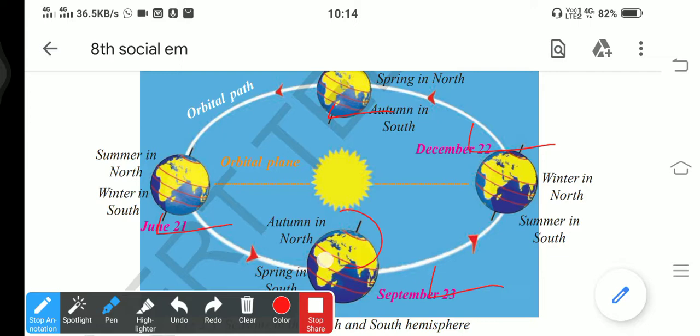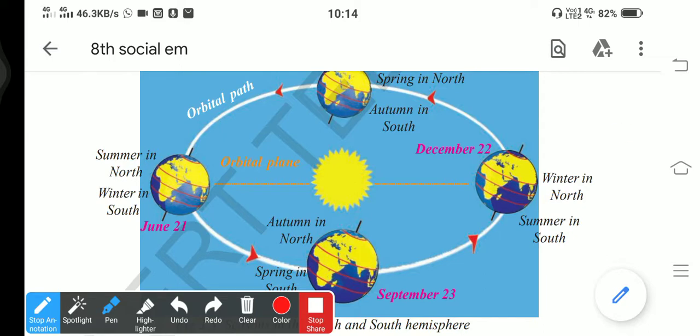At every moment, during the earth's rotation and revolution, it is tilted to form an angle.